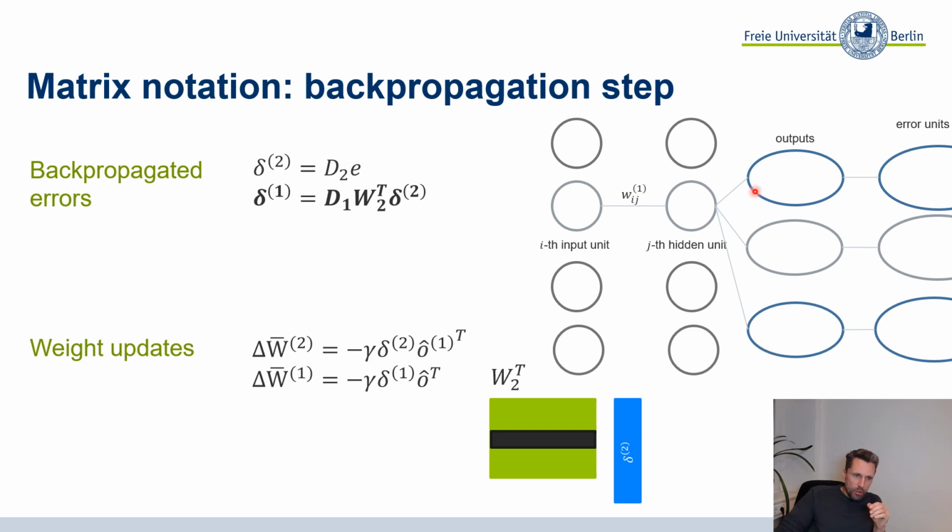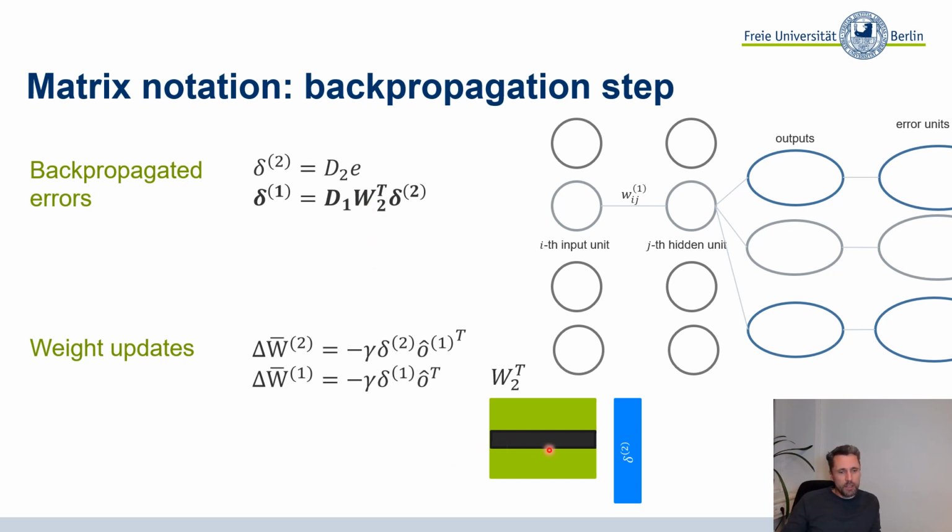And I highlighted just one path because we want to see what is the exact change for this one Wij. But what we do is we multiply delta 2 with the weight matrix of the second layer. And we need to transpose this because we are now going back, right?